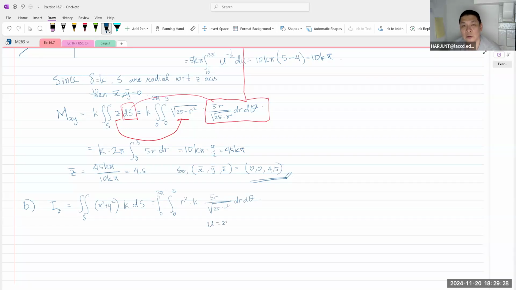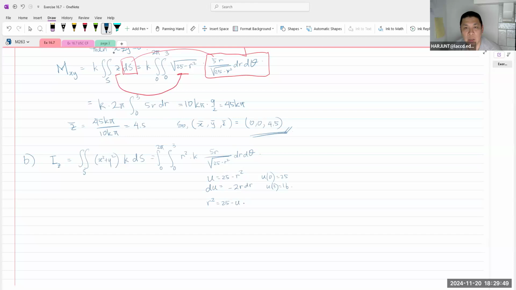Let u equal 25 minus r squared, so du equals negative 2r dr. Then u at 0 is 25, u at 3 is 16, and r squared is 25 minus u.